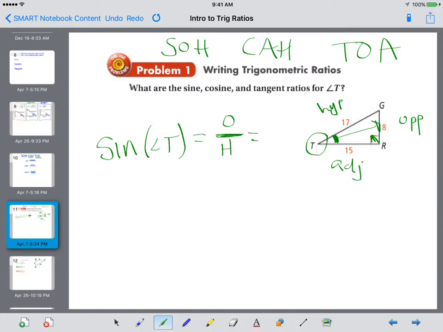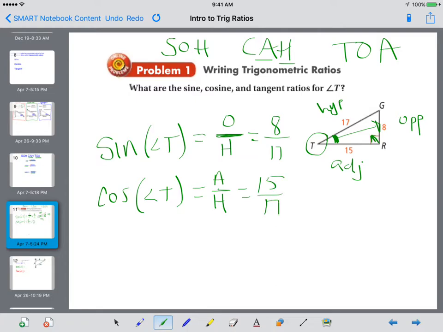So our opposite side here would be 8. The hypotenuse would be 17. So the sine of angle T ratio is 8 over 17. Cosine of angle T, if I use my SOH CAH TOA, that's the ratio of A divided by H. So the adjacent side is 15 over the hypotenuse of 17.